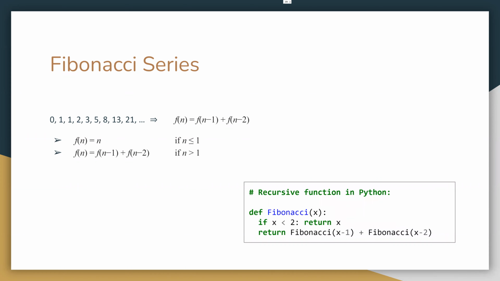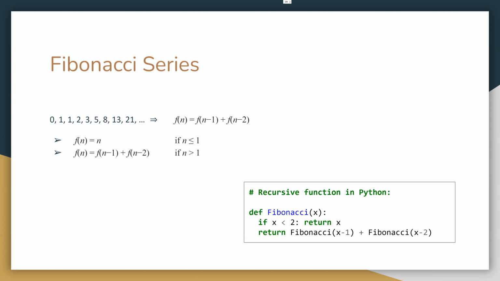When we write that as a Python implementation, this simple function can give you the Fibonacci number at any position in that whole series. If you say Fibonacci 100, it'll give you the number in the 100th position. That's how a recursive function works.